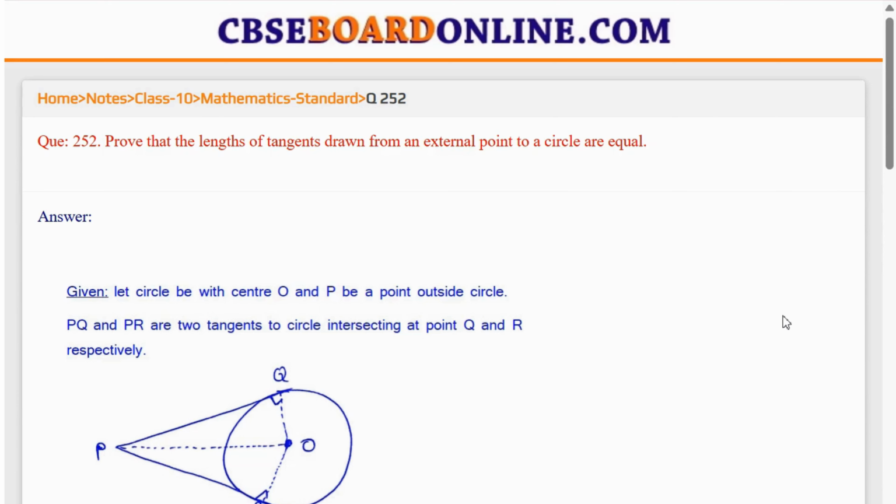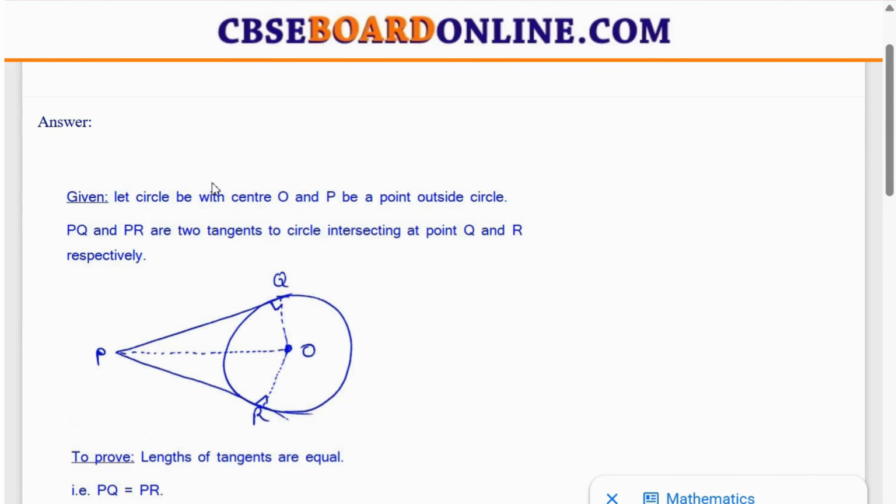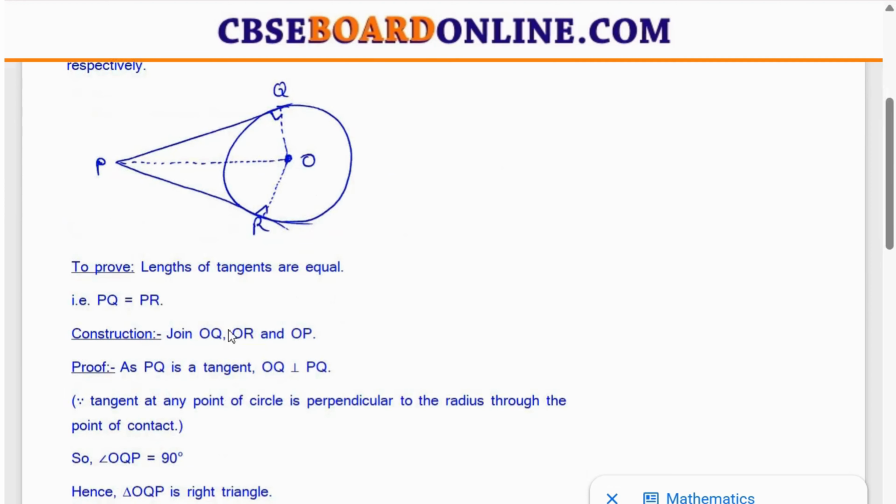Now coming to question number 252. Prove that the lengths of the tangents drawn from an external point to a circle are equal. Now we have to simply draw the tangents. Then I'm also drawing another line in addition, starting from point P and ending at point O. Got it?